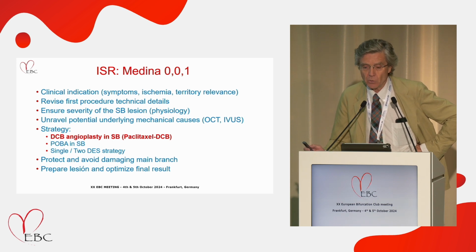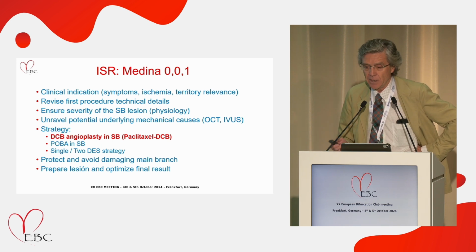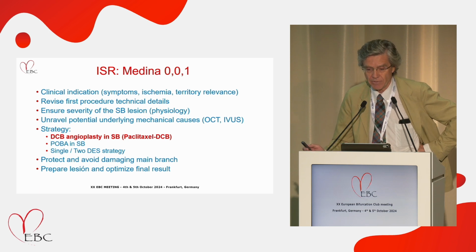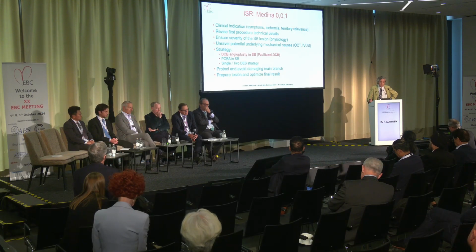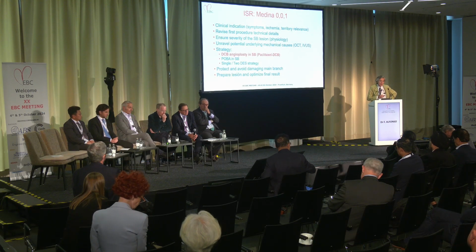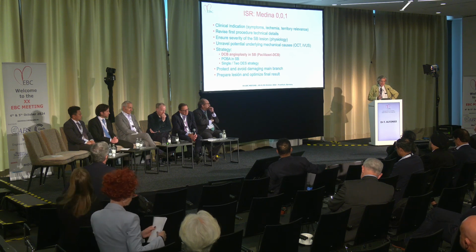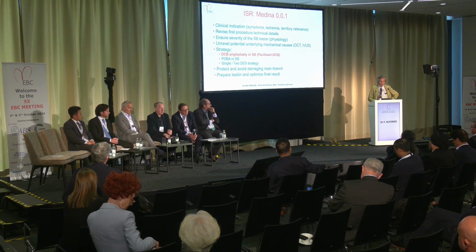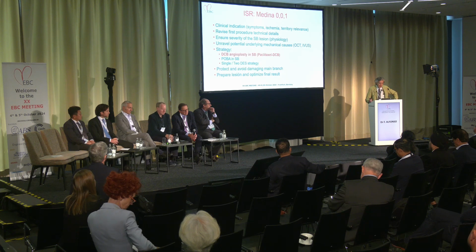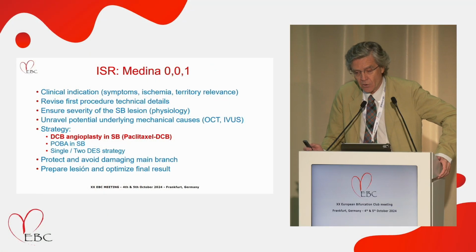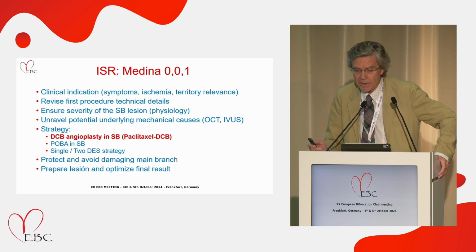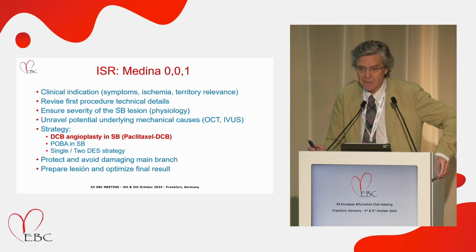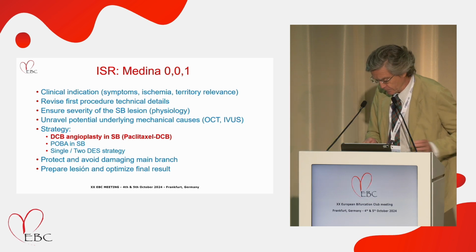I think it's important to ensure that the side branch lesion is causing the symptoms of the patient. And if the side branch is not very small, I think imaging can be of major value. So my personal bias is that for these lesions, DCB with paclitaxel is the strategy of choice. I think it's important always to protect the main branch, and it's important to prepare the lesion and try to optimize the final result. So thank you very much.